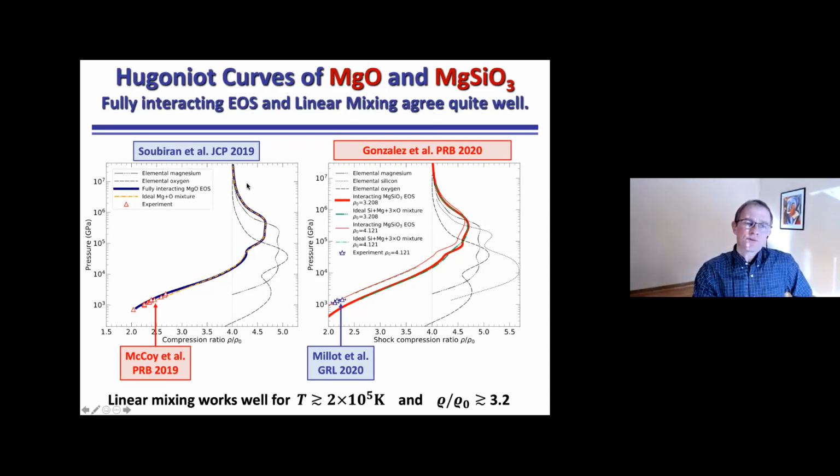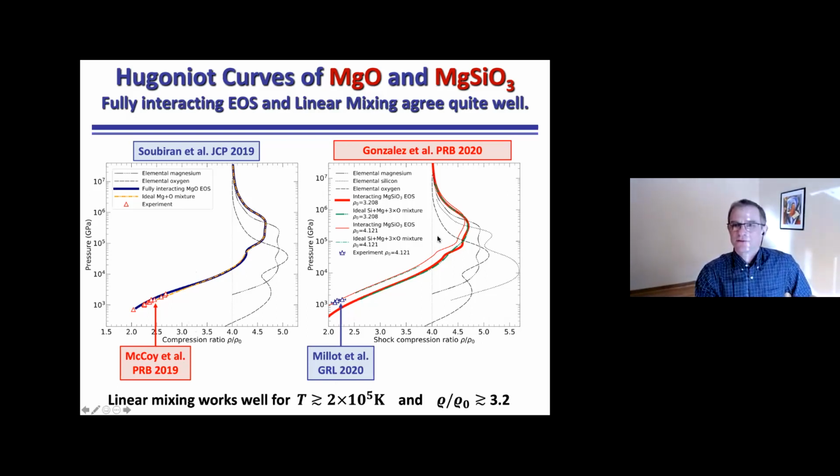We see that for magnesium oxide, it works very well in this K-shell ionization regime. And we see deviation around 3.2, where the temperature is around 200,000 Kelvin. So above, at these really extreme conditions, chemical bonds are not important. And we get away with this linear mixing approach.